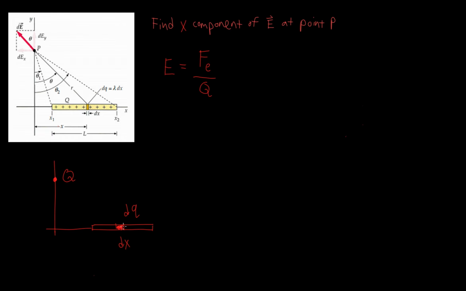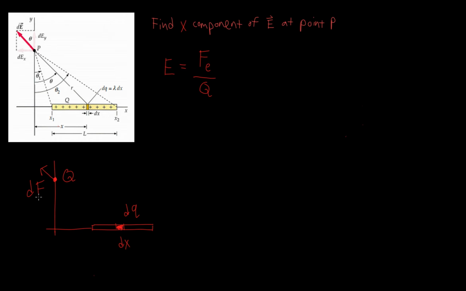And so this line segment, or this really small amount of charge, is going to produce a really small amount of electric field at point P. And we can denote that with this vector right here. So this really small amount of charge, dq, is going to produce a very small amount of electric field.